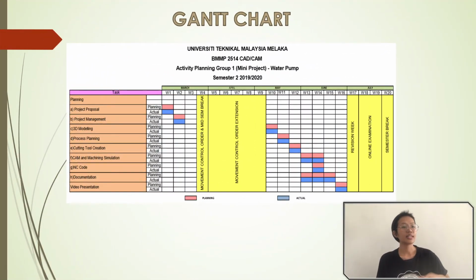For the next slide, slide 6, I'm going to explain about the Gantt chart. As you can see from the Gantt chart, for the yellow column, for the project management, first we need to do the drawing and then the NC coding, so that we can proceed into CNC machining.